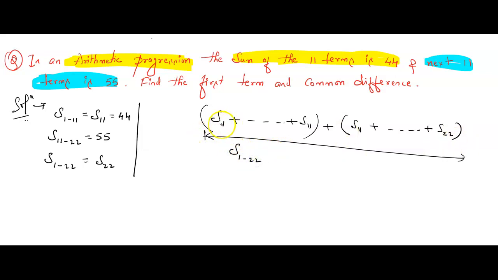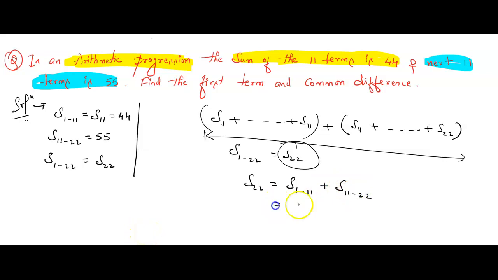Correct, no children? If we add first term to 22nd, it becomes S22. Now what does this S22 mean? Can you tell me? S22 here is nothing but the sum of first term to 11th term plus the sum of 11th term to 22nd term. That is called S22.